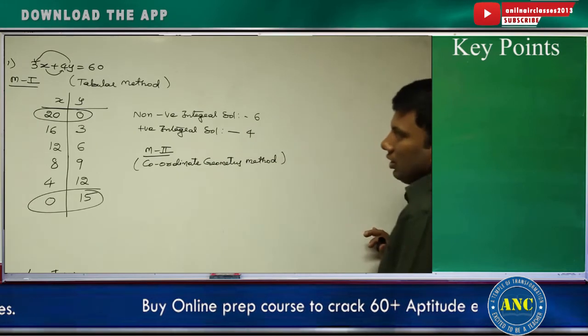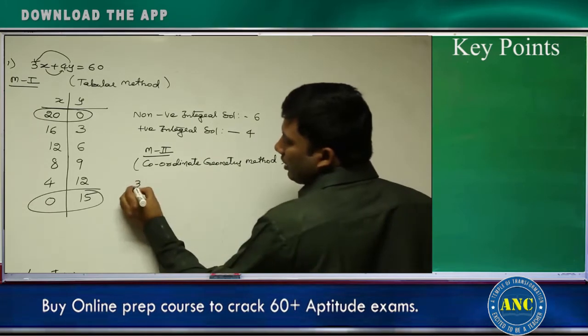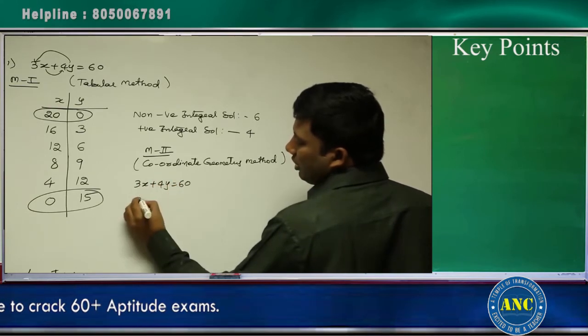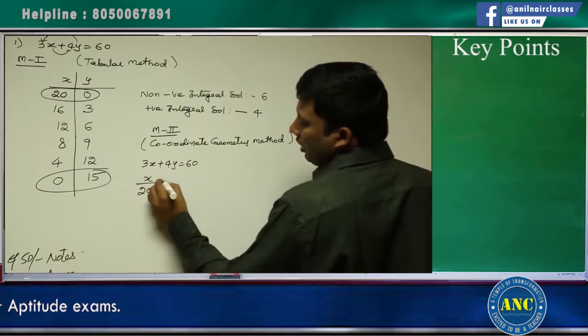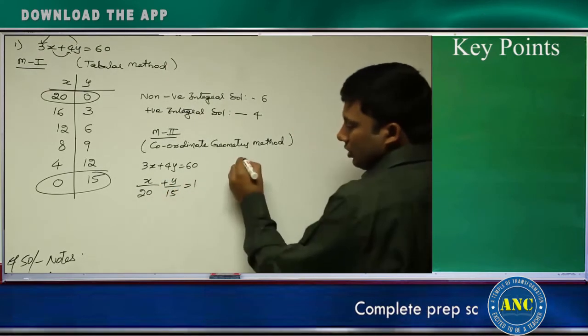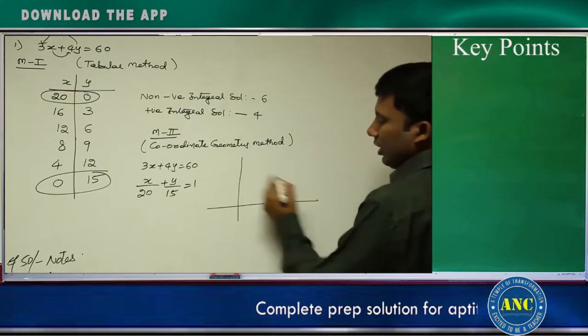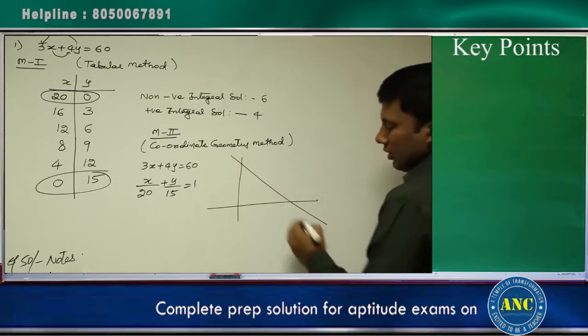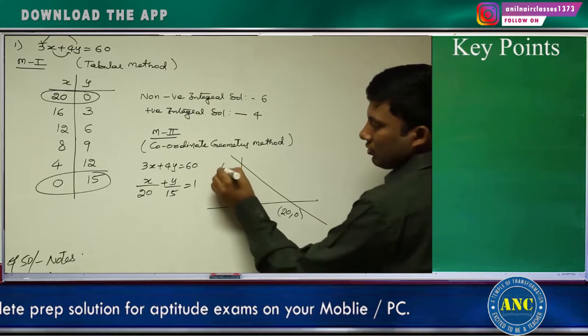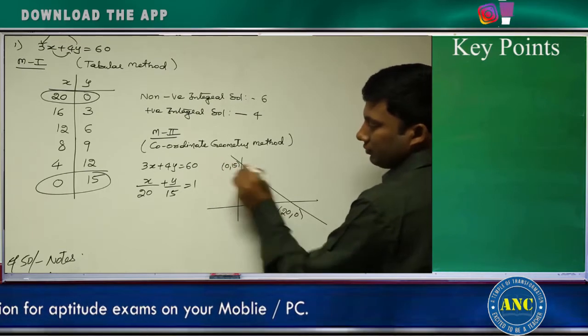Now, in this one, see here, 3x plus 4y equivalent to 60. This is nothing but x by 20 plus y by 15 equivalent to 1. That means I can draw a line like this. This will be (a, 0). This will be (0, b).